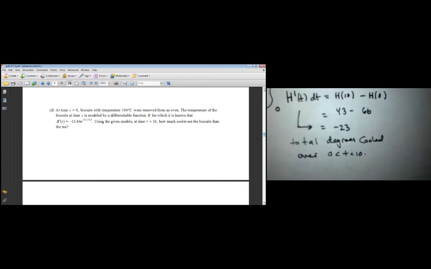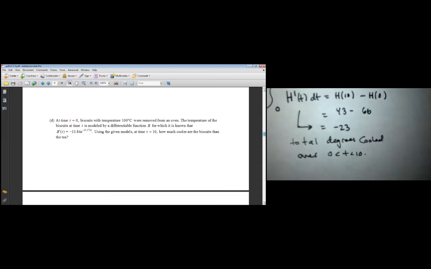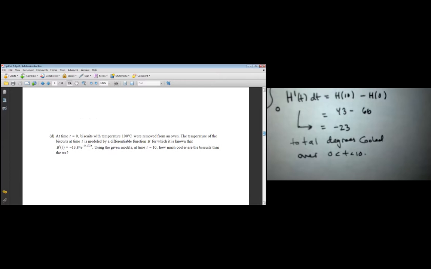It's a calculator question, so that's okay. Using the given models at t equals 10, how much cooler are the biscuits than the tea? All right, this one's a little crazy. How did t get involved in this? What do we know about the t at time equals 10?